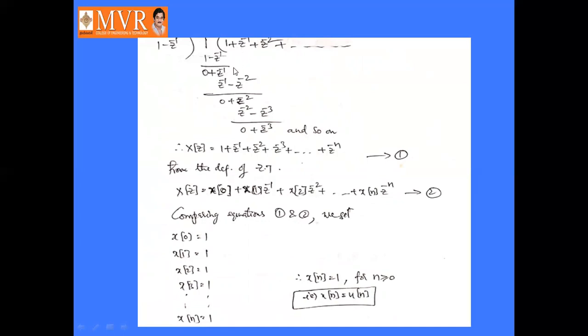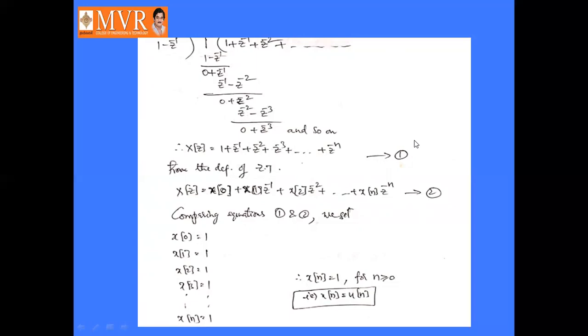Then 1 into z power minus 1 gives z power minus 1 minus z power minus 2. Subtracting, this cancels and becomes z power minus 2, which is multiplied by z power minus 2, giving z power minus 2 minus z power minus 3, and so on. So it becomes 1 plus z power minus 1 plus z power minus 2 plus z power minus 3 and so on.